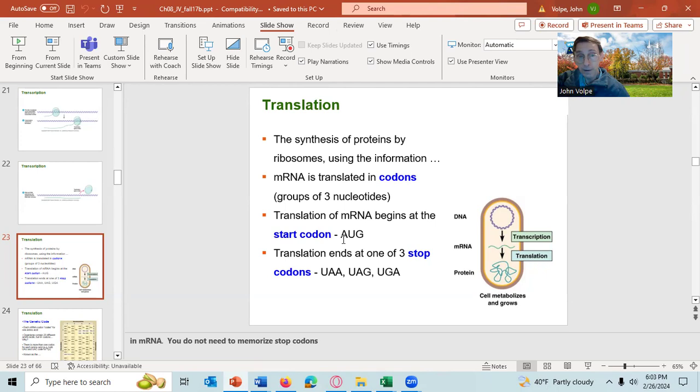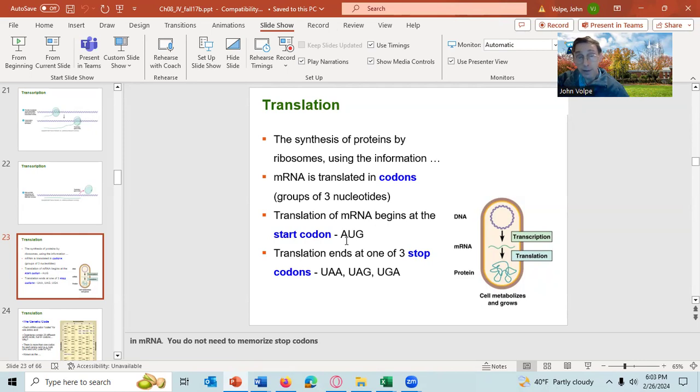The start codon also encodes the amino acid methionine. So the start codon does 2 things. It starts the process of protein translation, telling the ribosome to begin protein translation here, and then it adds in the amino acid methionine.